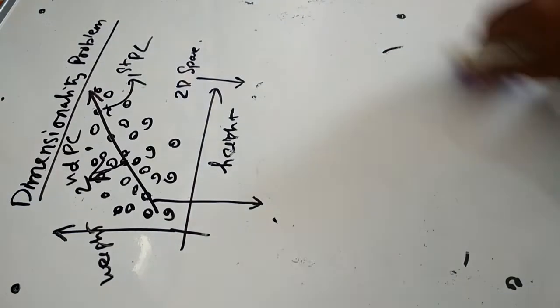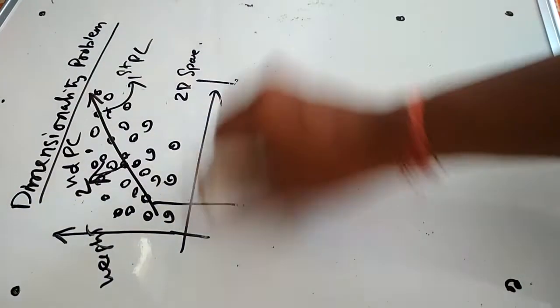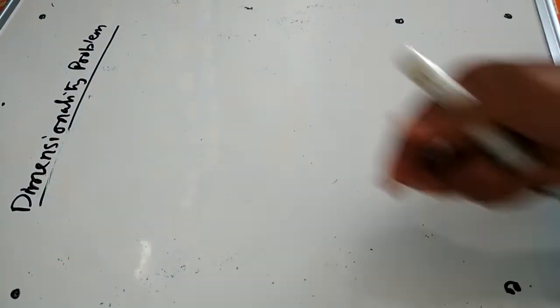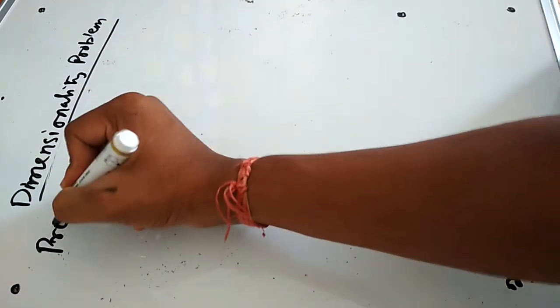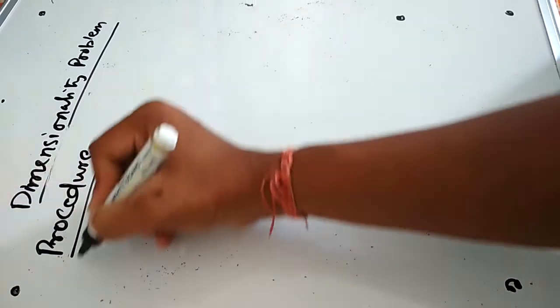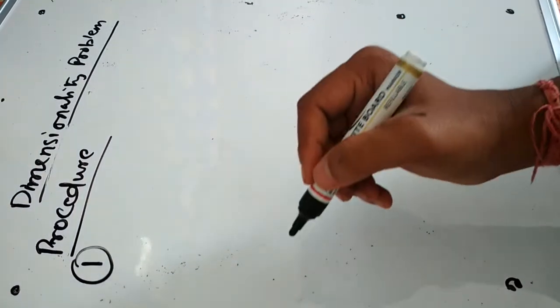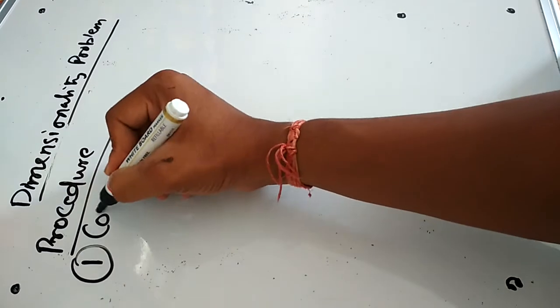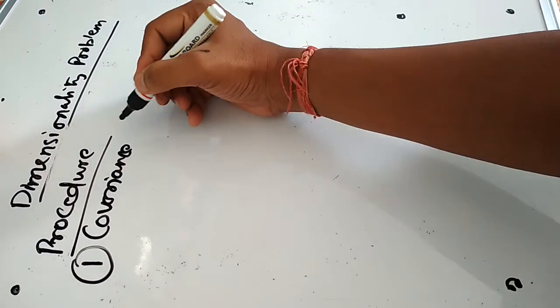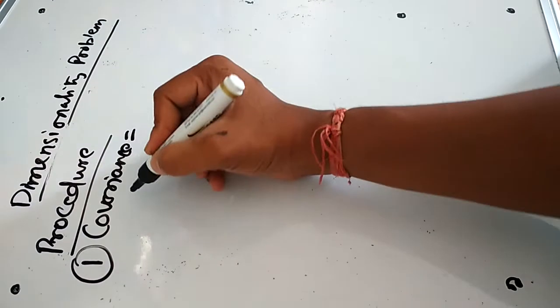Let's see the rules, the steps, the procedure to design the first principal component and the second principal component. What is the first step? The first step is to find the covariance. How to find the covariance?